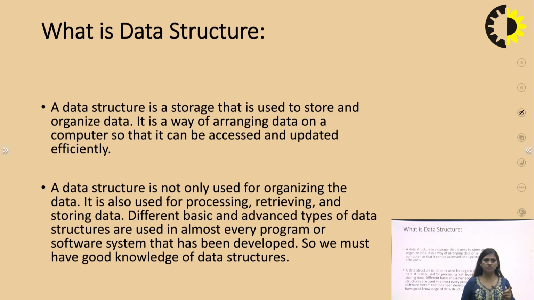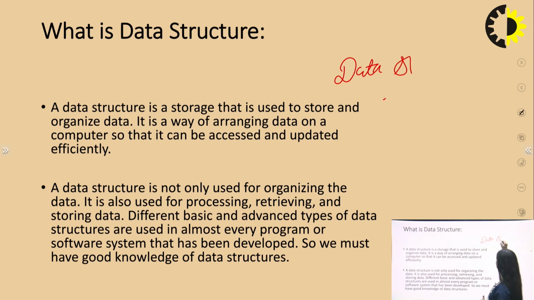A data structure is not only used for organizing the data, it is also used for processing, retrieving and storing data. Different basic and advanced types of data structure are used in almost every program or software system that has been developed. So, we must have good knowledge of data structure.